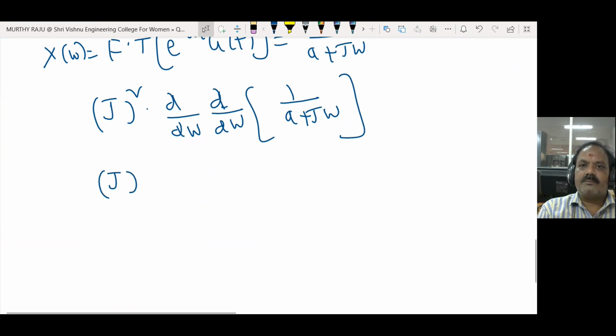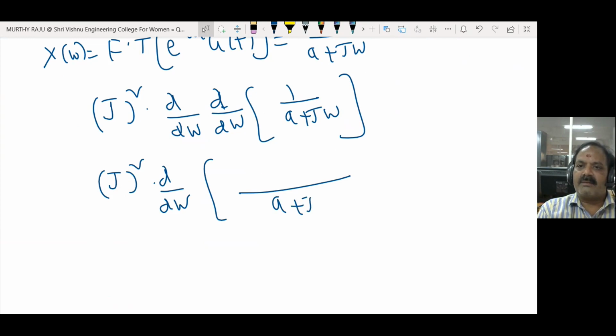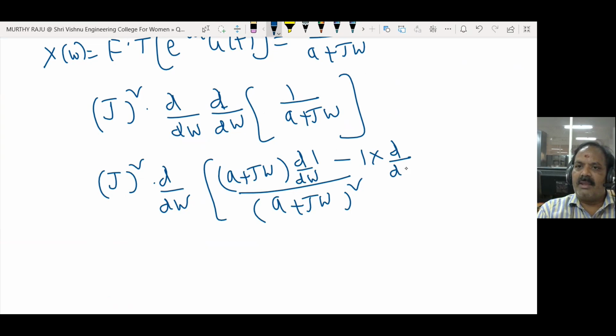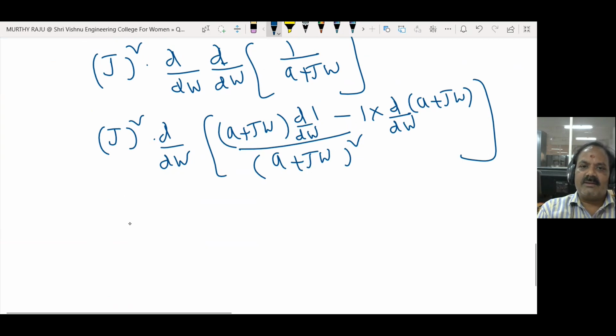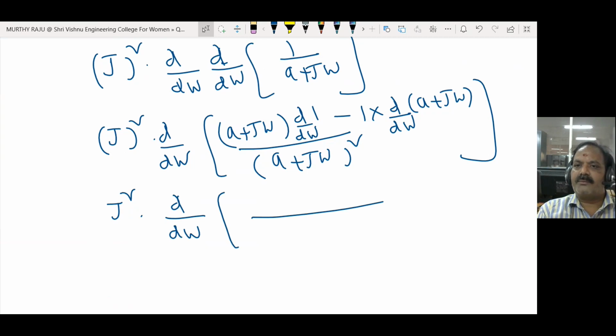J square d by d omega. Here a plus j omega whole square, a plus j omega into d by d omega of 1 minus 1 into d by d omega of a plus j omega. That is equal to j square into d by d omega of a plus j omega whole square, minus j.